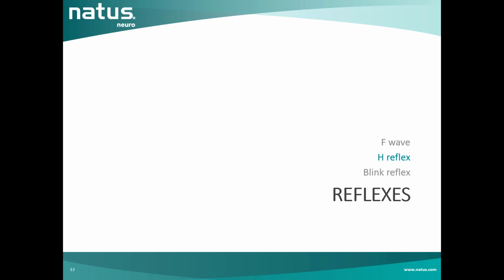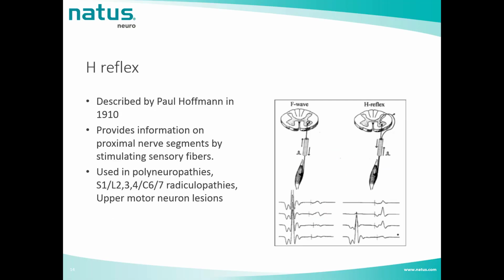Moving on to the H reflex. The H reflex is named after Paul Hoffmann, who described this technique in 1910. This provides information on proximal nerve segments by stimulating, this time, the sensory fibers. As you can see in the picture on the right, the difference between the F wave and the H reflex is the connection network in the central nervous system.